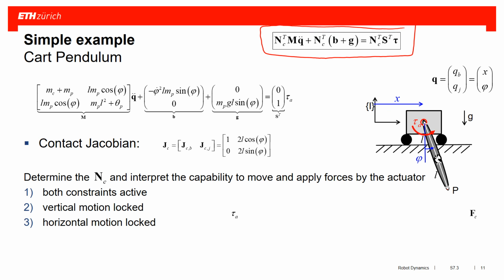First one where both constraints are active, so X and Y. Second case where the vertical motion is locked, so again P can move like this. And the third one where P can move like this, only in vertical direction.